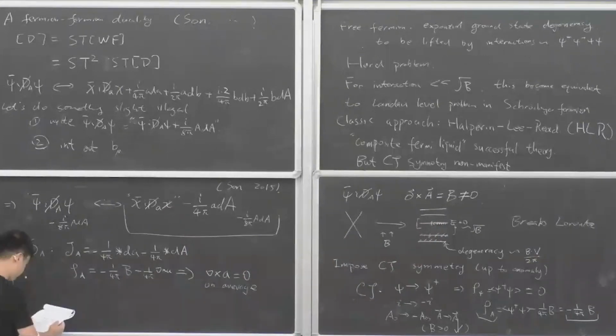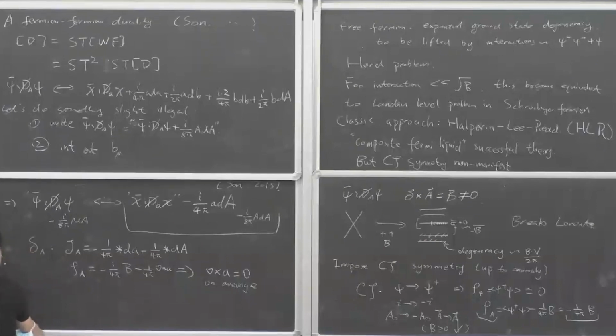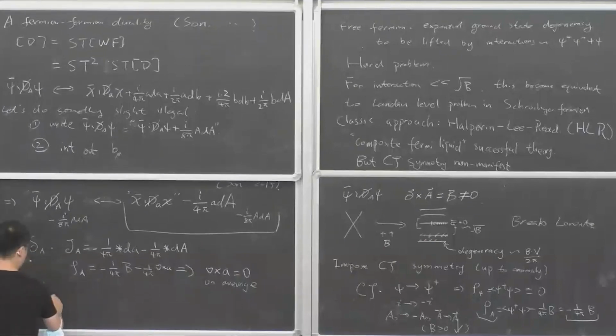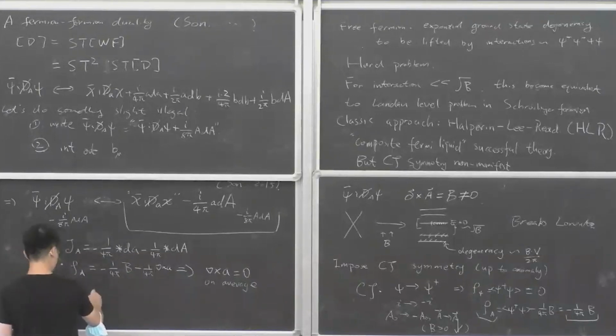Okay. And then I can further vary with respect to little a. Essentially, that's demanding gauge invariance. Again, up to higher derivative terms, I get the current for these chi Dirac fermions. This guy.